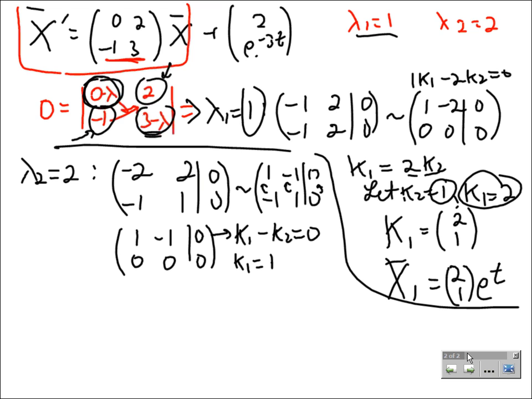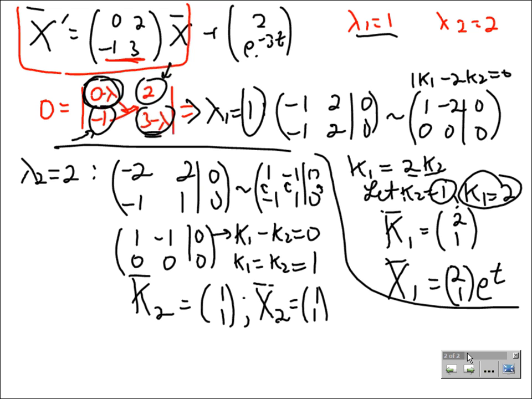That is, k1 equals k2. Well, let them both equal 1. So vector k2 is 1, 1. That means vector x2 is 1, 1 times e to the lambda, which is 2, t.